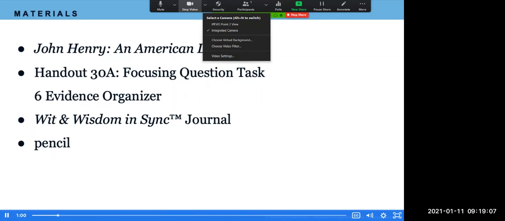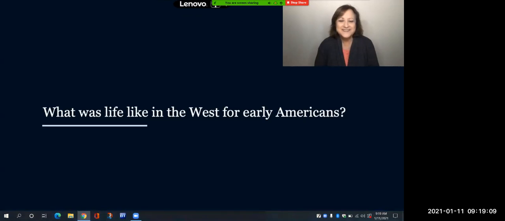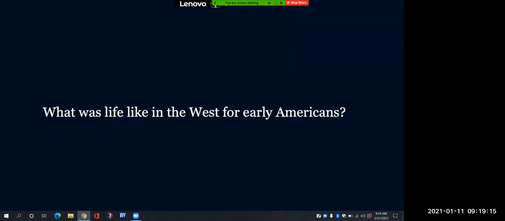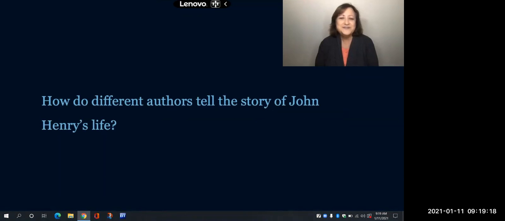Let's read the essential question together. What was life like in the West for early Americans? How do different authors tell the story of John Henry's life? You've read two versions of John Henry. You read Keats' version and you also read Lester's version. And you compared and contrasted both versions.